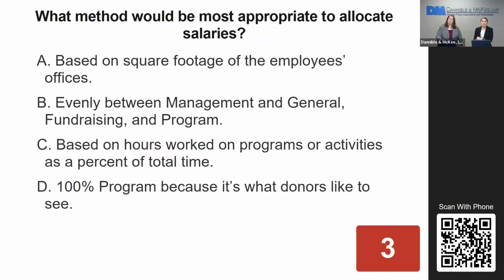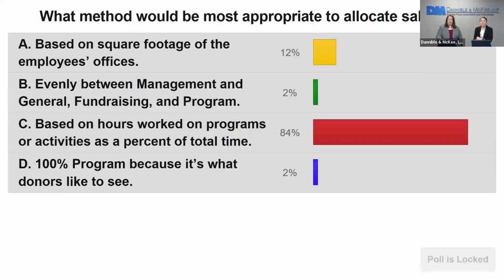Yep. And we do have a few more seconds for the poll question here. Here we go. So looking at the poll we just had up, what method would be most appropriate to allocate salaries? And you all chose based on hours worked on programs or activities as a percent of total time, and that is the preferred method. I see a small portion of you chose the 100% program because that's what donors like to see.